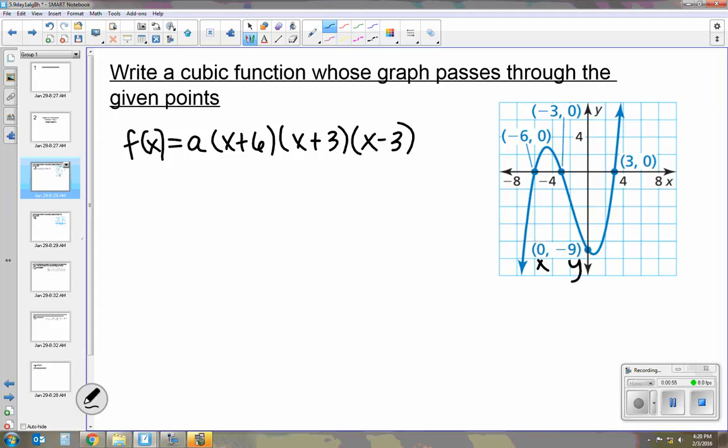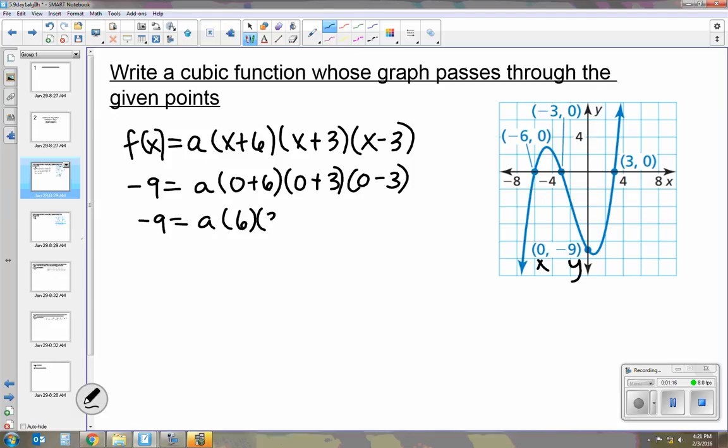Now remember, our y value is always our f of x, so we can plug in -9 for f of x, keep the a, and then 0 in for all the x's. Now we can simplify and solve for a. So we have 6 times 3 times -3, and -9 equals a times -54, divide, and we get 1/6.